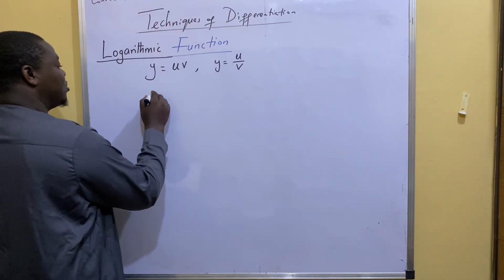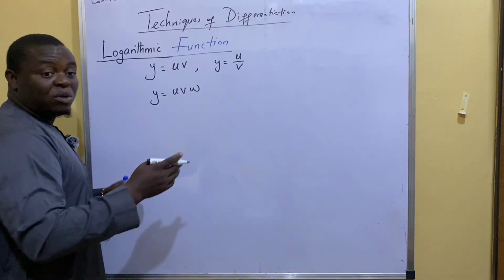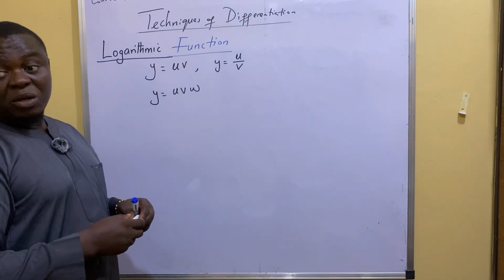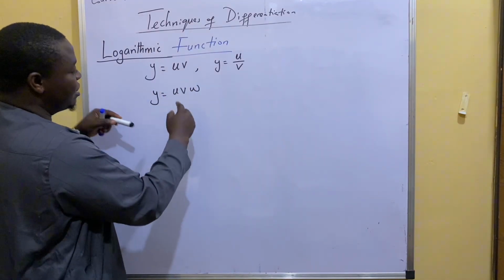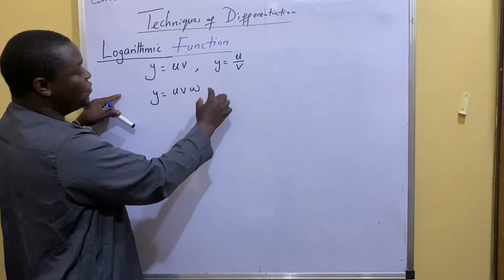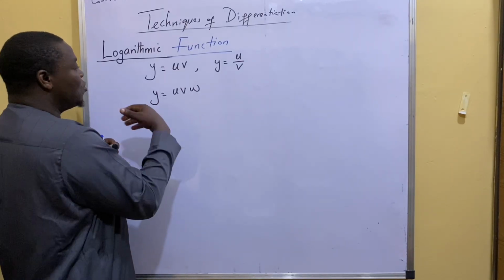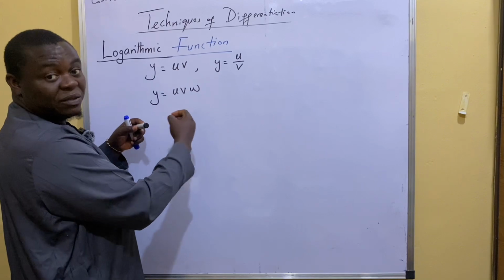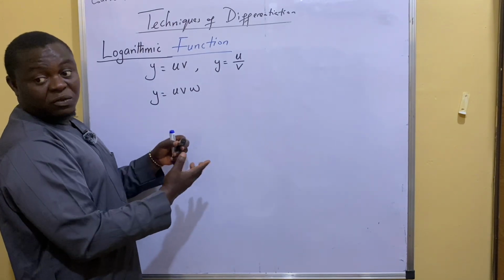Something like this. Suppose we have y equals u, v, w, the product of three functions. So how do we now differentiate this? We use the logarithmic function idea to see the product rule for the product of three functions. And then we will use it as well to see the derivative when you have a combination of both product and quotient of functions.